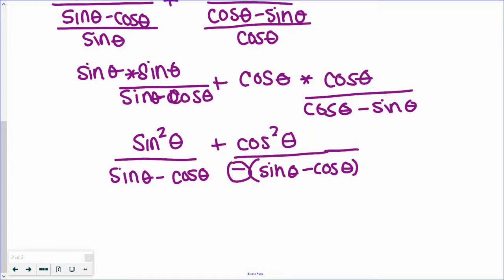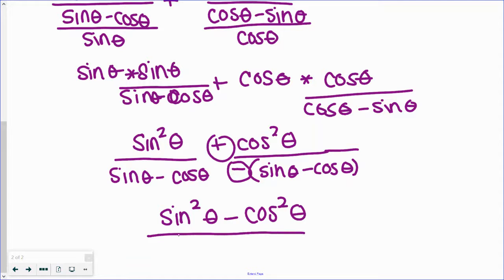Then a negative and a positive makes the middle minus. So now I can combine these two fractions. If I write it as sine squared, positive and negative makes it a minus cosine squared, and then we have our common denominator, which is sine theta minus cosine theta.